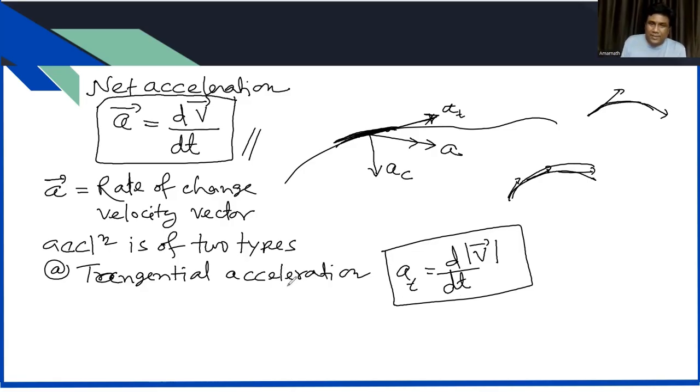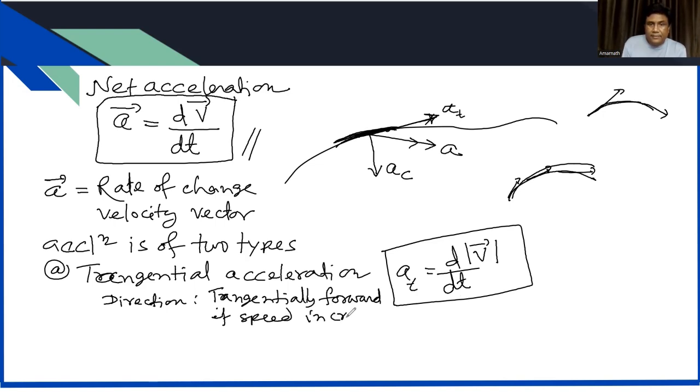The direction will be tangentially forward if speed increases. Say the speed along this path is v equal to 2t.